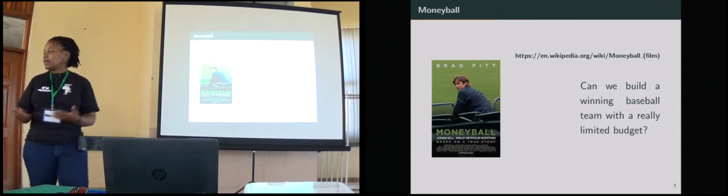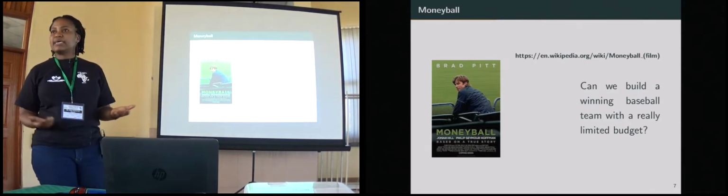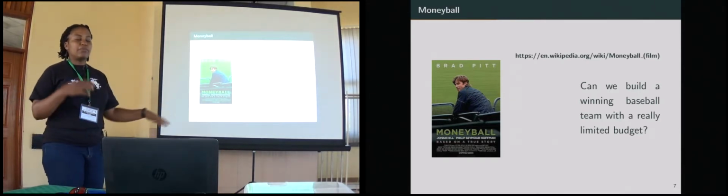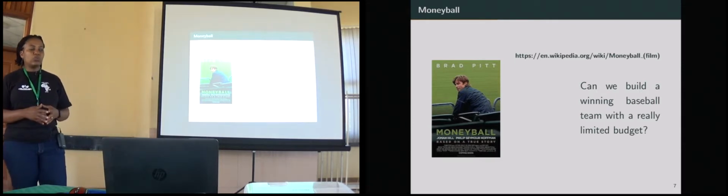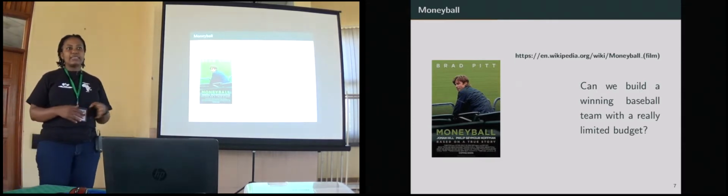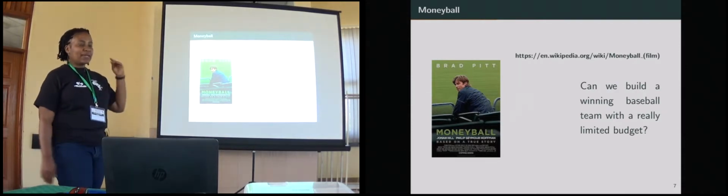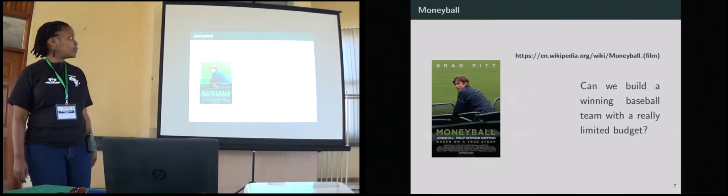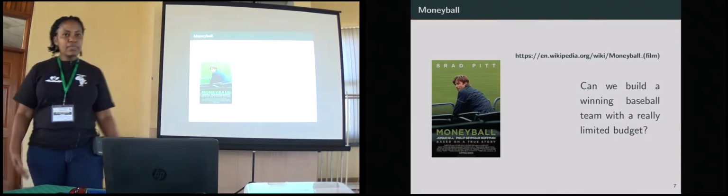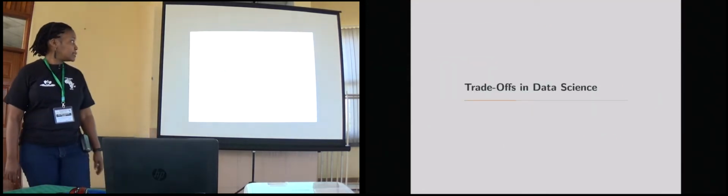The data used was mainly the various players' skills, players' salaries, and all kinds of data used to do the quantitative analysis. But at the end of the day, you have to be able to respond to that key question as to whether you are able to build a winning baseball team with a limited budget.